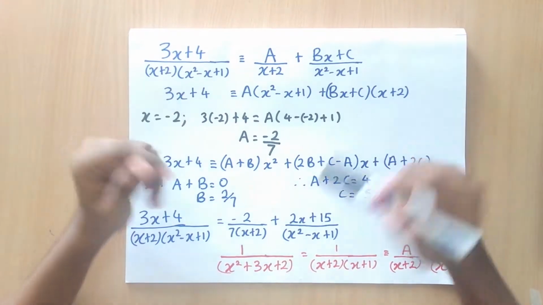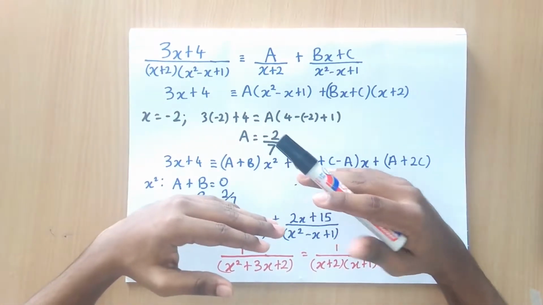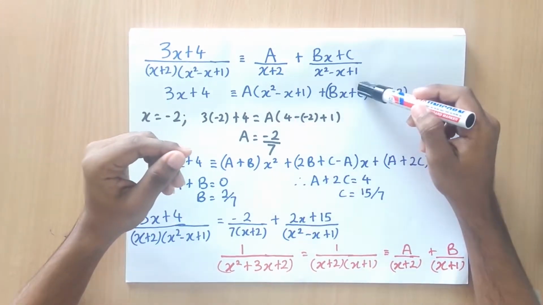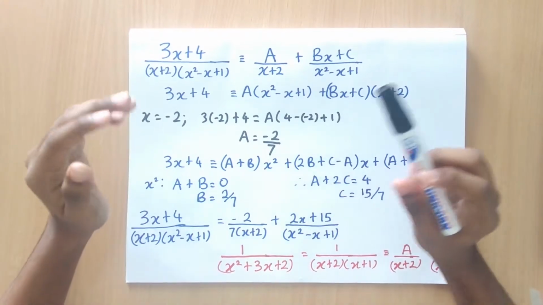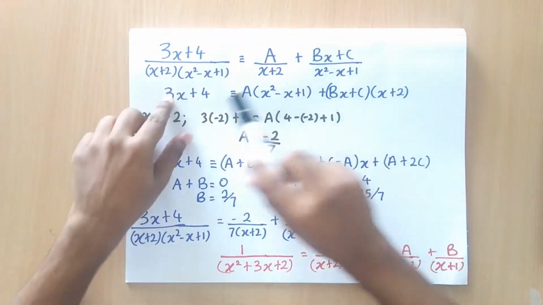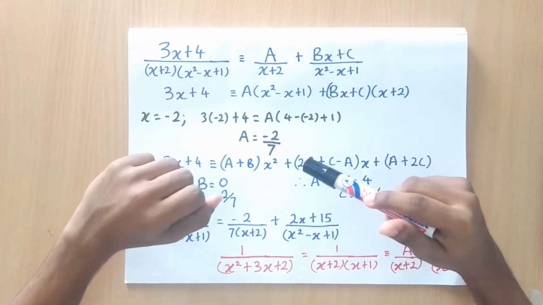Then we can continue substituting values for x and find simultaneous equations to solve for b and c. But now let's do it in a new method. In this method, we rearrange this equation in terms of x.